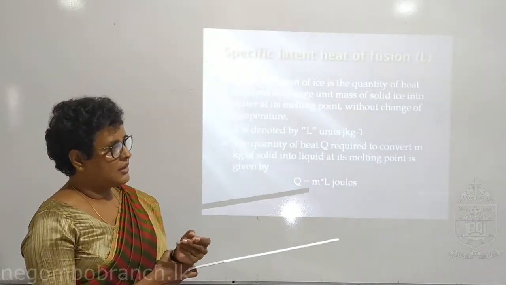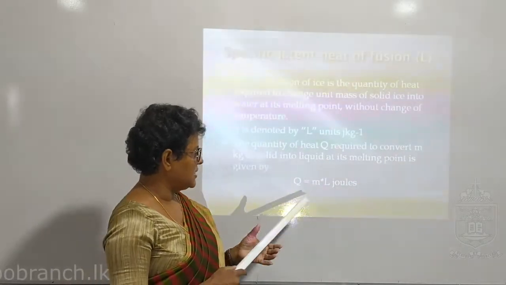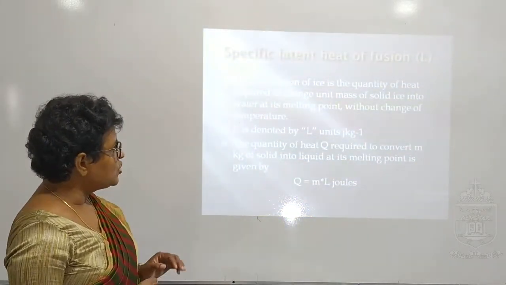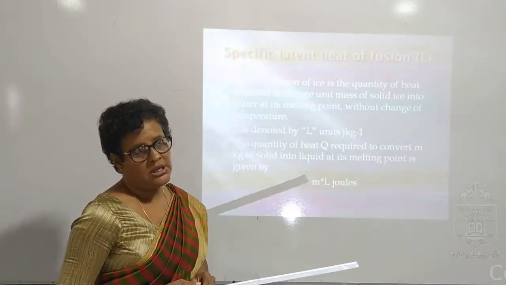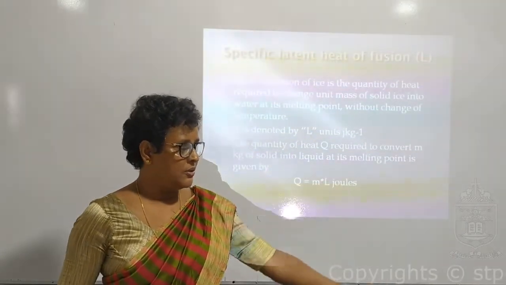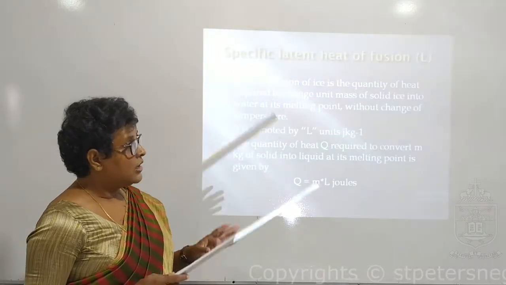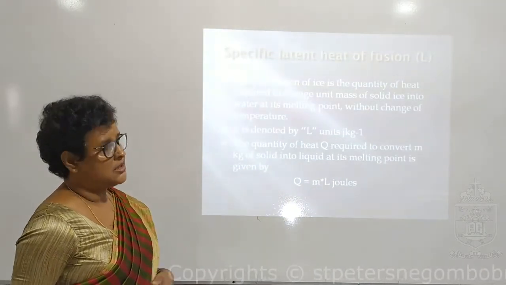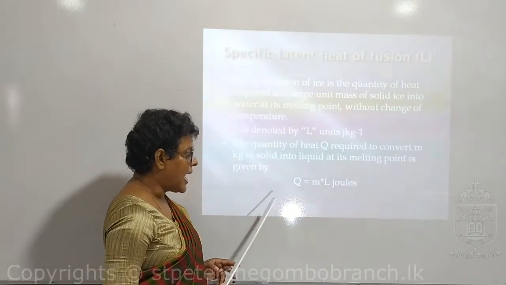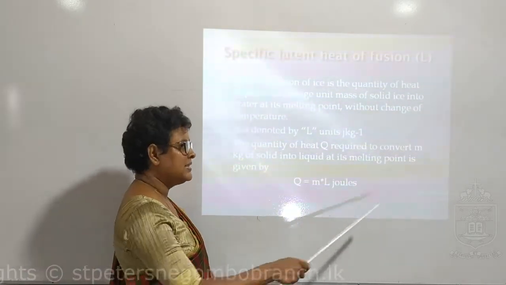The required heat in the phase change is mL, mass and the latent heat. Now when you are using that energy conservation equation, heat given by the first body is equal to the heat absorbed by the other body. Now when there is a phase change, you have to put this also, mc theta plus mL equals something.